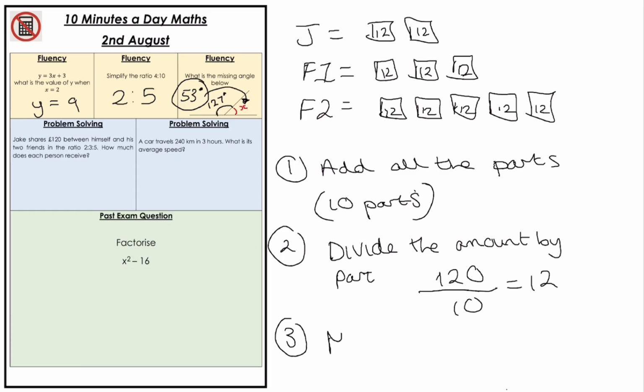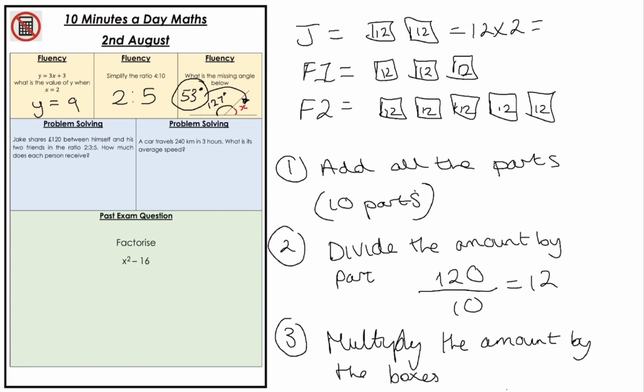Then our final step is to multiply the amount by the boxes. So this is 12 times 2, which is 24. This is 12 times 3, which is 36. And this is 12 times 5, which is 60.